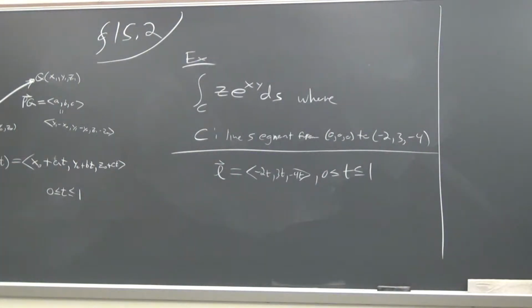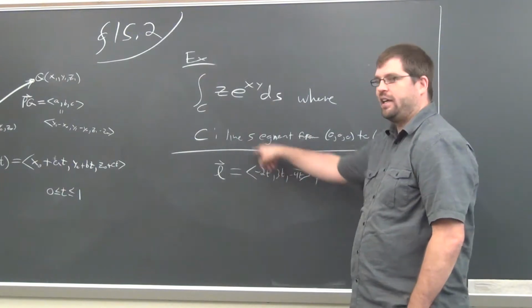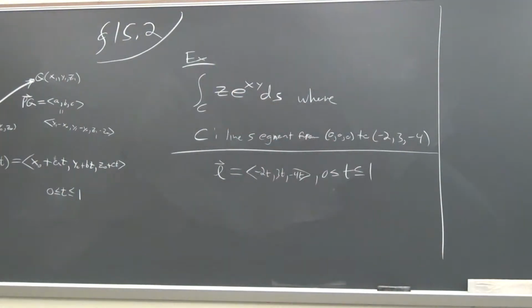Does that make sense? Okay. So that parameterizes your line. And now let's try to do what we did last time. We're just going to plug these in for your x, your y, and your z. Things will get more sophisticated in the next section, but I think that's all we need to do right now.